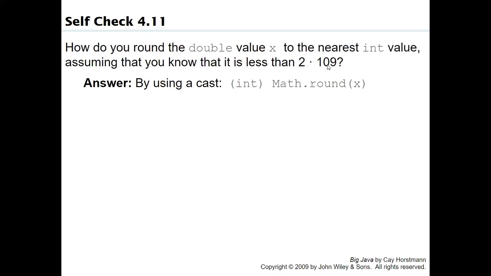That's the limit of an integer. No, that's the limit of a double. That's as large of a double as you can do. What you do is you round it, and then once it's rounded, you force it to be an int. So that's how you do that.